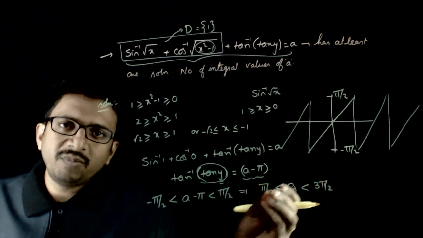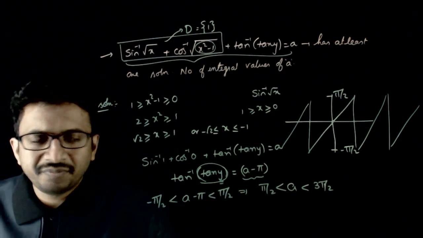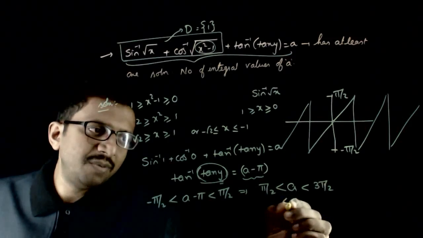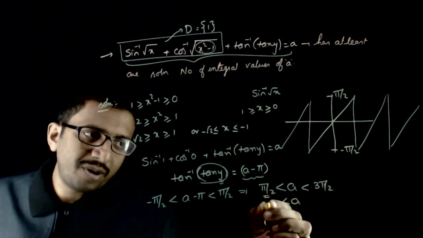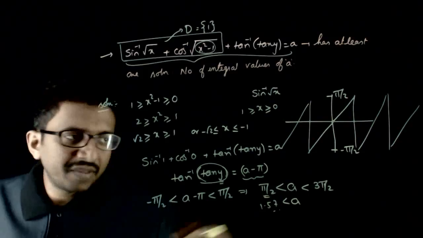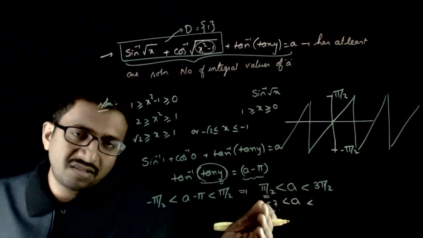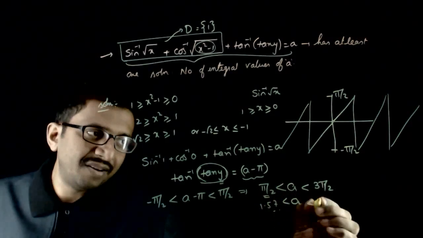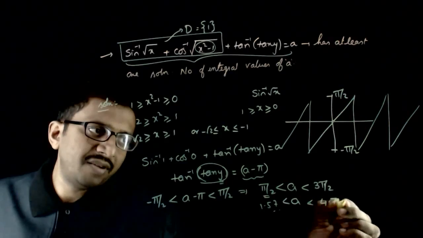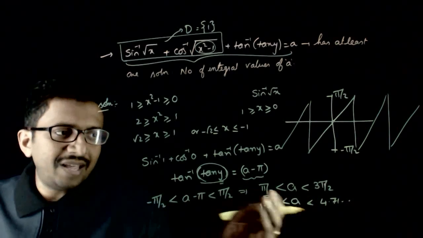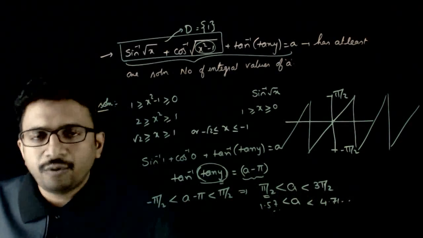So a has to be in between pi by 2 and 3 pi by 2, that is, pi by 2 is approximately 1.57, and 3 pi by 2 is 3 times this, 4.71. So a has to be in between 1.57 and 4.71.